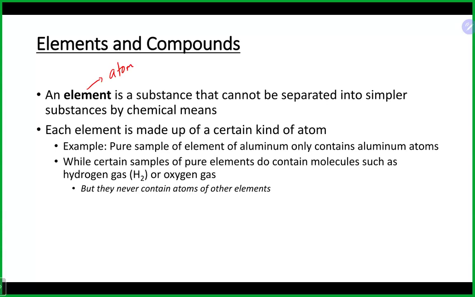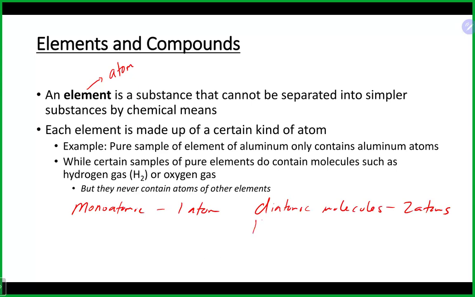Now, when we talk about an element, it is made up of really atoms of just that particular element. When you look at the periodic table, pretty much all the elements up there come as what is sometimes referred to as being monoatomic, which basically means that they come as one atom. But there are certain elements that do come as diatomic molecules, and diatomic molecules basically means two atoms involved.